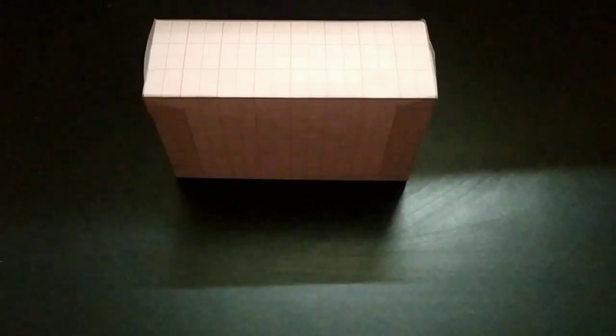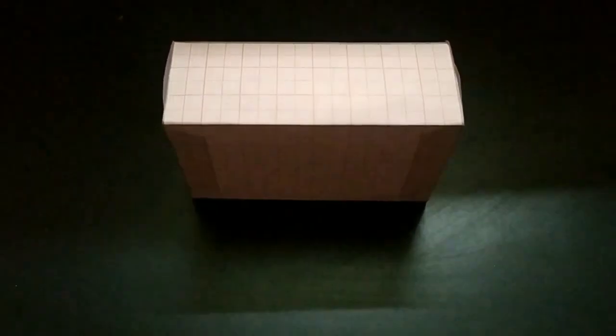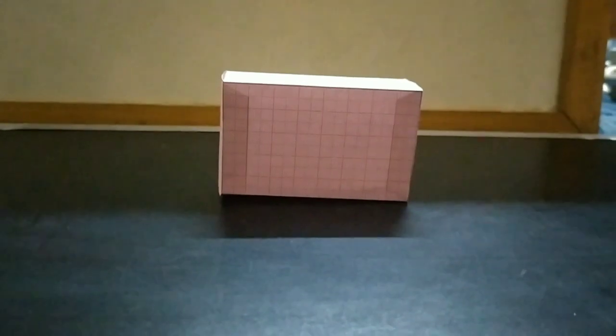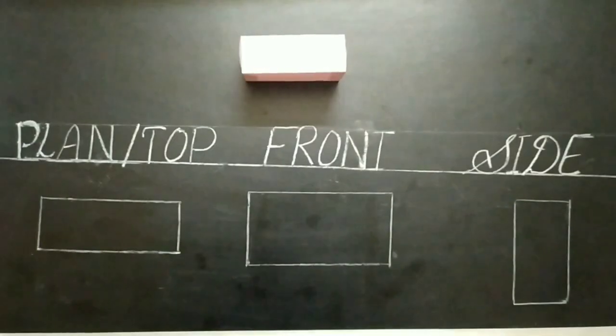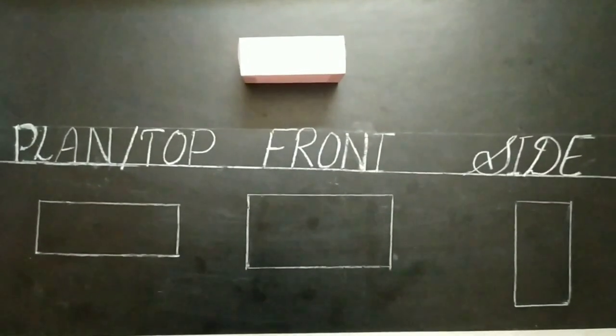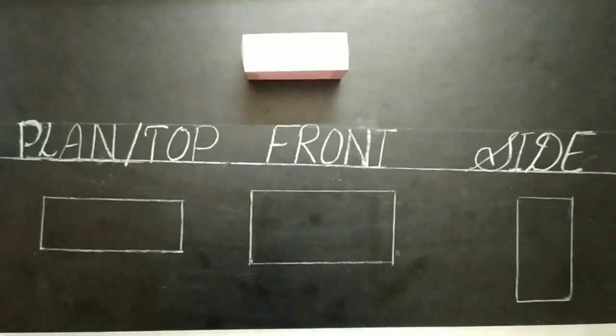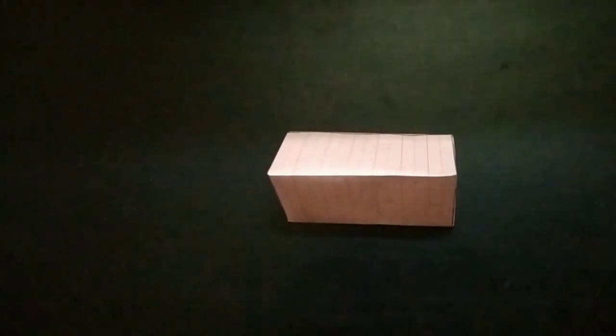These are the figures or shapes that I have drawn of the front, side and plan views. The solid shown over here is a cuboid. Now let's have a look at the top or plan view, front view, side view. And here is a figure of all 3 views of the cuboid. The shape shown over here is a triangular prism.